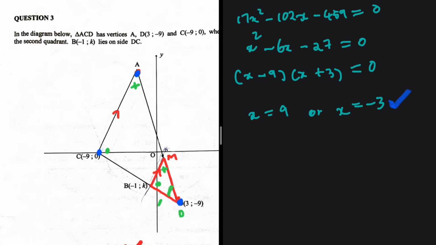So now that I have x, let me substitute it into minus 4x plus c. What is c? C is 3. So this should give us 15. So the coordinates of A are x is minus 3, y is 15. There we go. Tell me, which video should we do next?